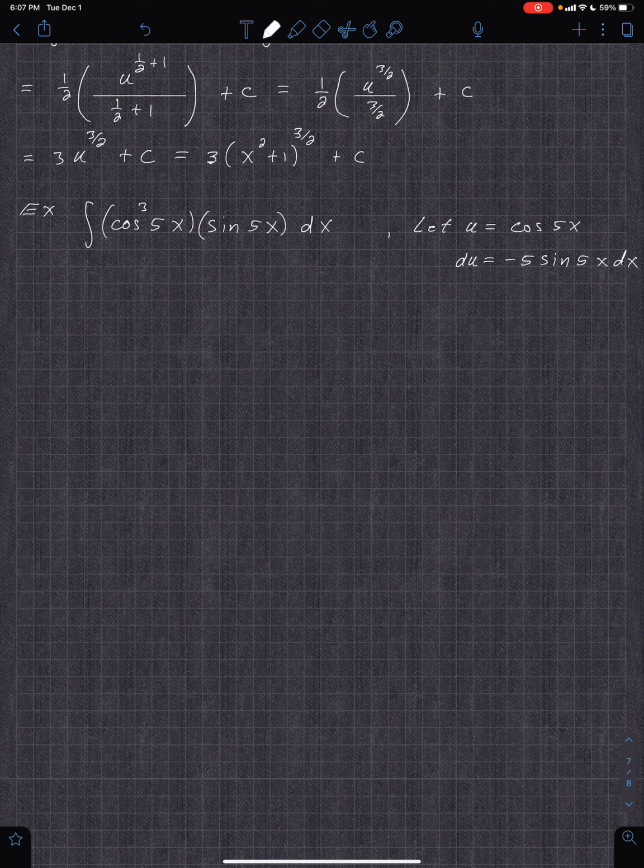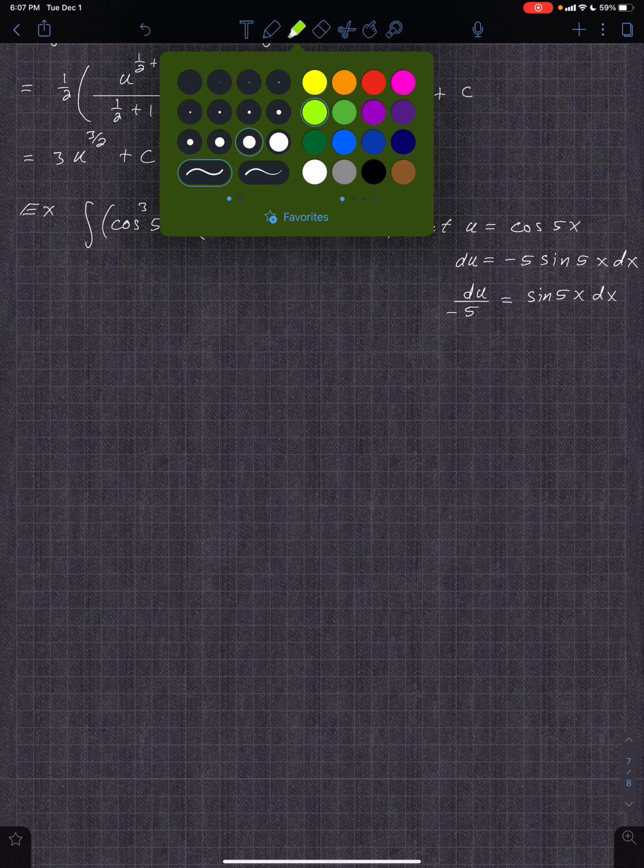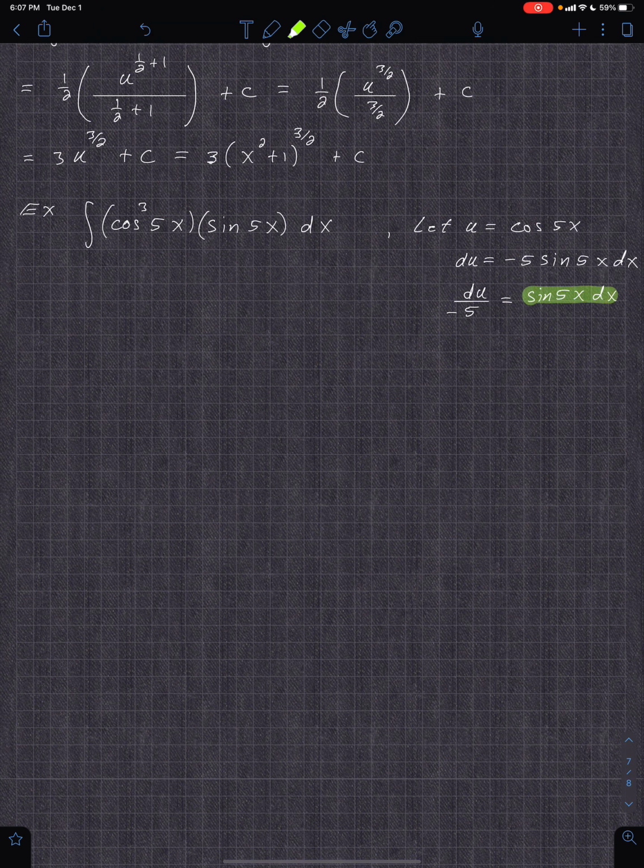Solve for the constant. So you have du over negative 5 is equal to sine 5x dx. So let's look for the sine 5x dx. It's right here, so that's du over negative 5. And then your other substitution is u, which is your cosine 5x.